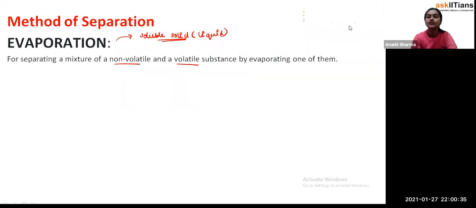Now, what are volatile and non-volatile substances first of all? Volatile substances are those which can easily evaporate, like you just give heat and they evaporate into the atmosphere. And the non-volatile are those which don't.